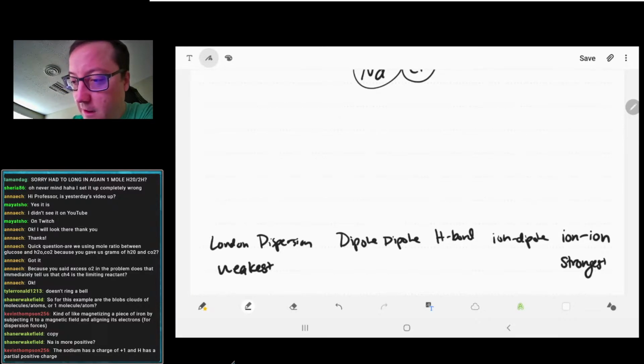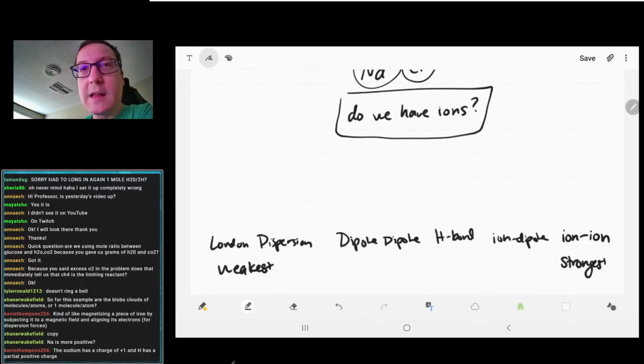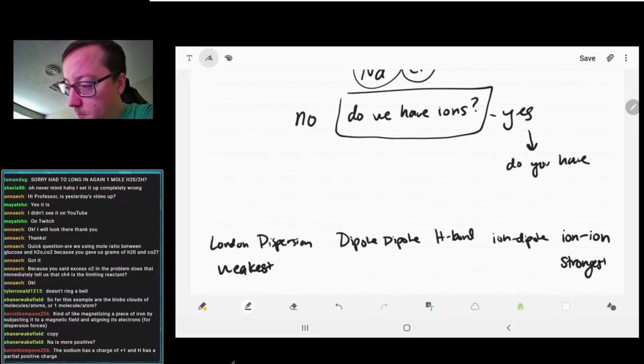The first thing to look at is, do we have ions in something? If you do not, you'll go to the left side. If you do have ions, you'll go to the right side. And so we're going to make a little flow chart here. If you do have ions, you have to look at, do you have polar molecules also?